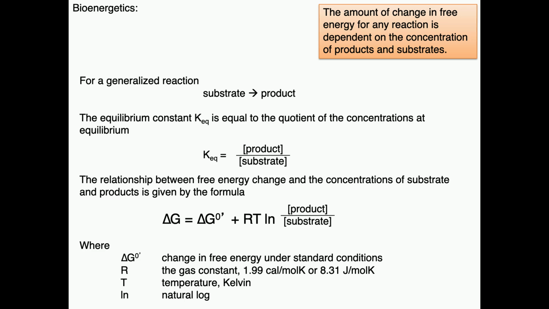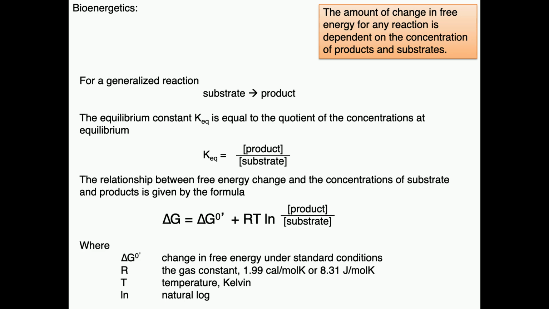So that's the definition of the equilibrium constant: the relative concentrations of product and substrate when there's no energy change within the system. Okay, so if we know what the delta G 0 prime is, and the delta G 0 prime condition is equal concentration of product and substrate, then we can calculate what the actual delta G is going to be for conditions where we don't have equal concentrations of product and substrate.